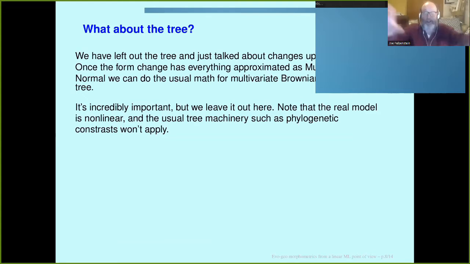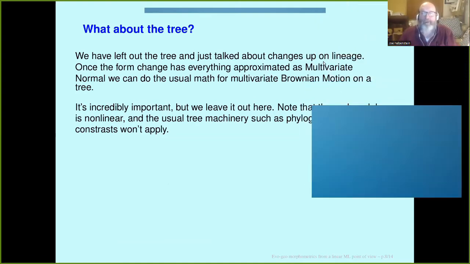Now there's the tree. If we have the linear model, we've been talking about the changes of a single lineage, but there is the whole tree. If you have a linear model, you can do the machinery that people have been starting to do in morphometrics.